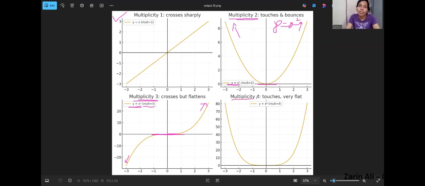But if multiplicity is 4, for let's say y equals x to the power 4, very simple. Here, if you draw the tangent to this particular point, you will feel the change from here to here and then here. It's becoming more flattened near the axis.